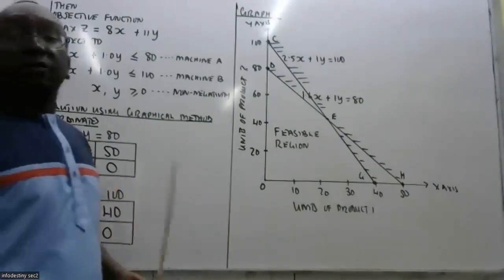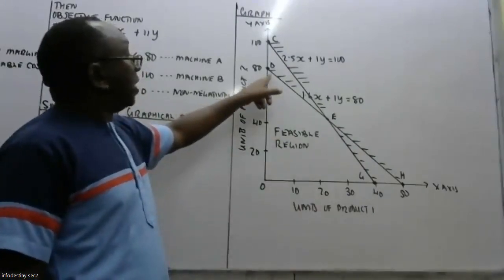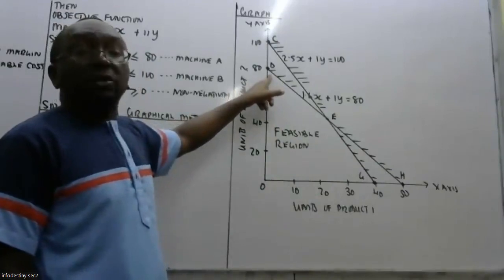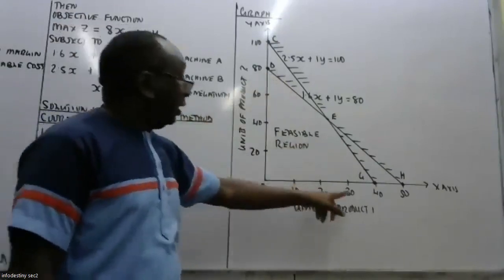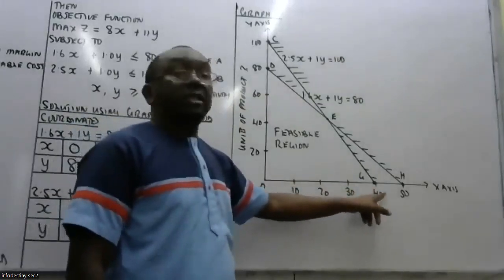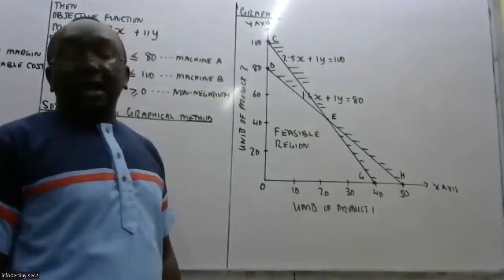First of all, for the coordinates here, for D, this one you can read. This one we see is 0, 80. And this one we see is 40, 0. But now this one, we are not able to read correctly from the graph.